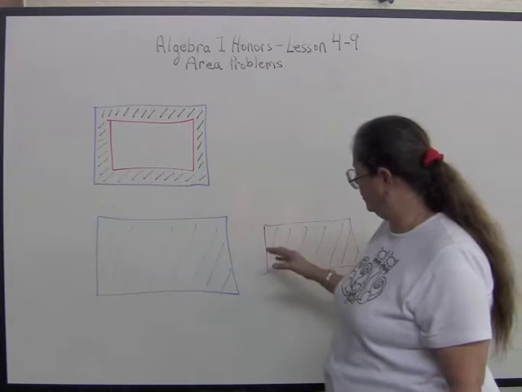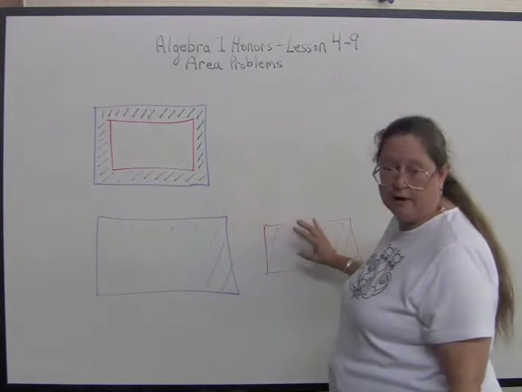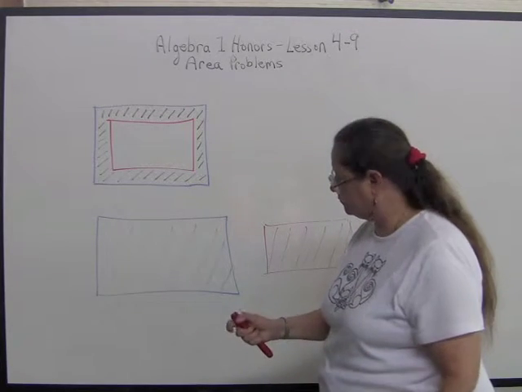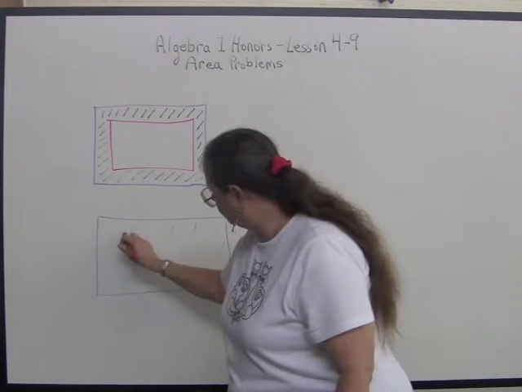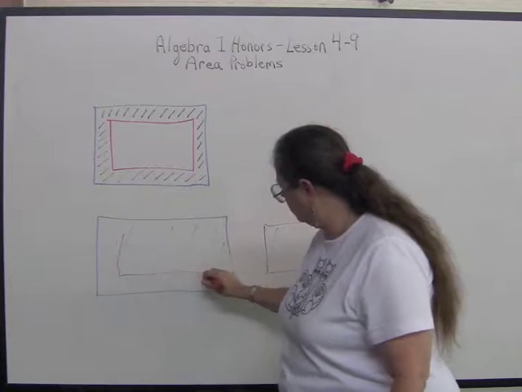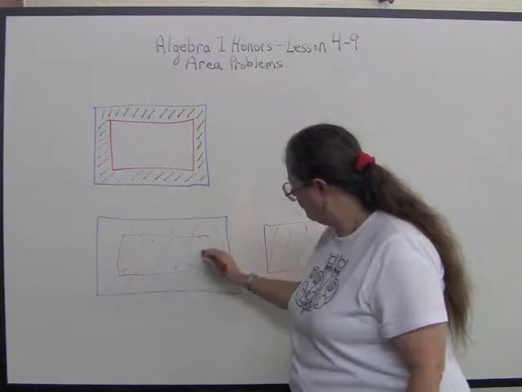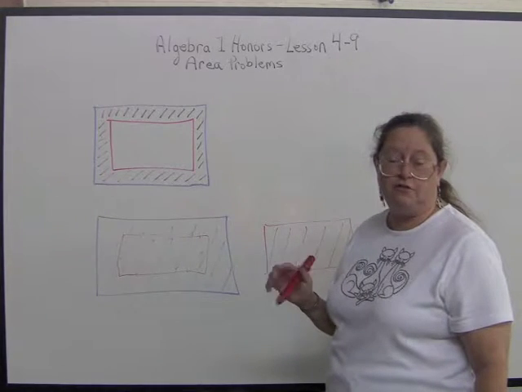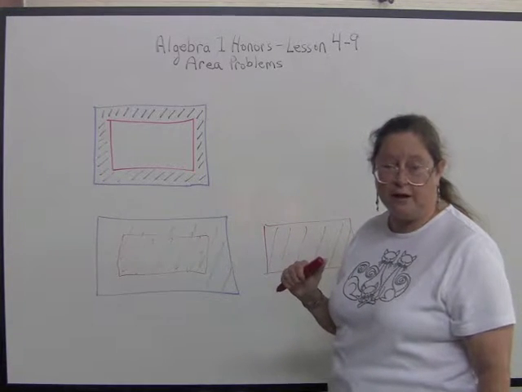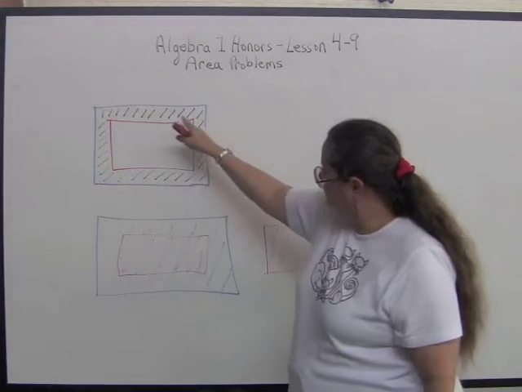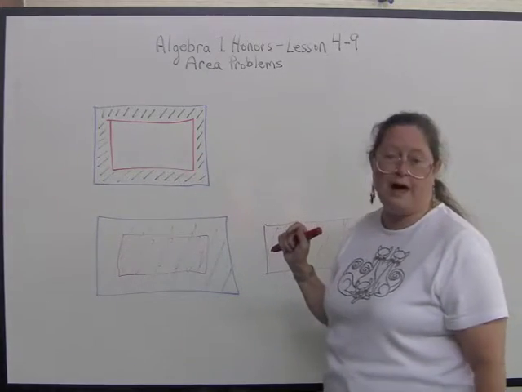Now, I hope you can see that if I were to take the red rectangle and superimpose it right there, meaning put it on top of, right there, the area that's going to be left showing is what I've shaded in black up there.